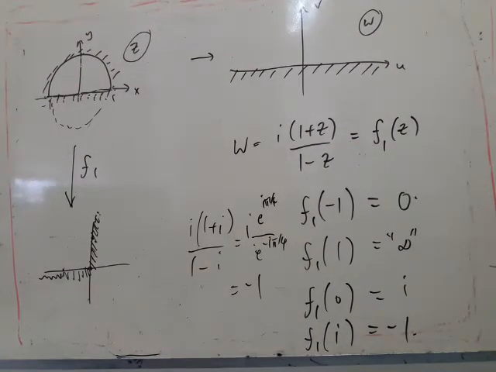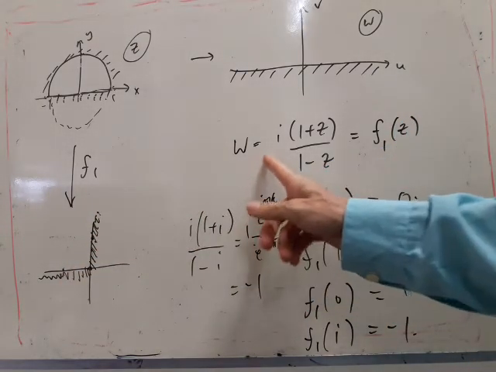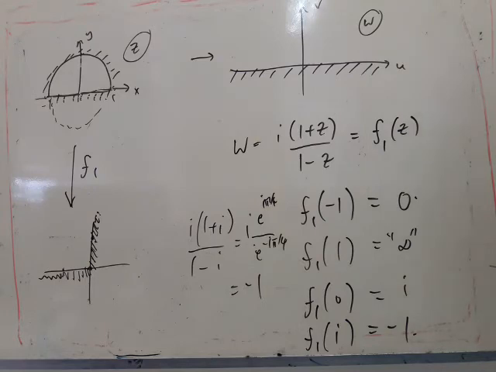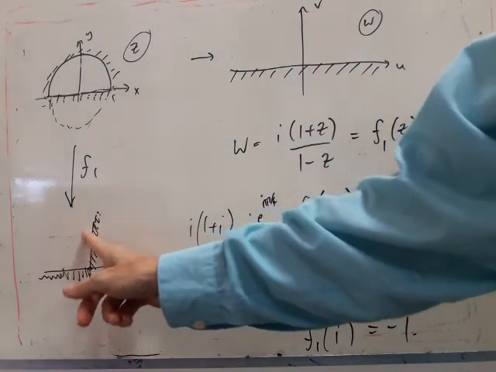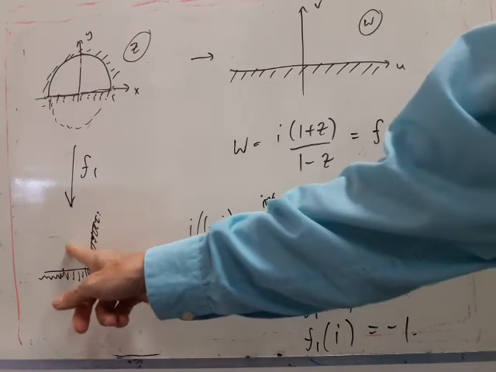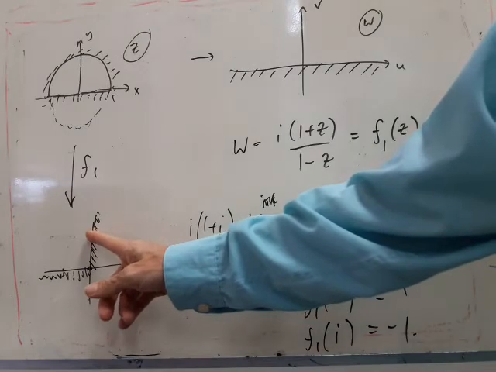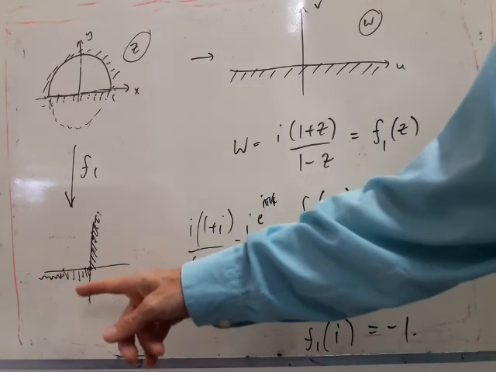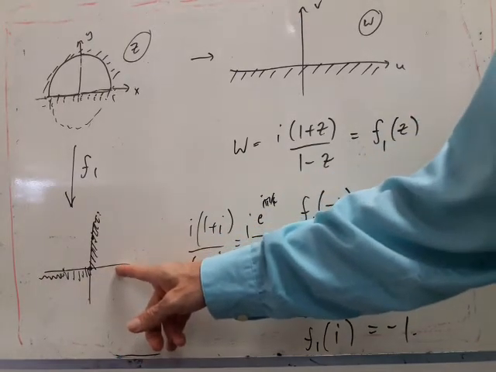So the trick I'm going to now use is just to square this map. So what happens if I square this map? Any argument here which is between pi by 2 and pi, well, pi by 2, when I square it, will turn into argument pi, and pi, when I square it, will turn into 2 pi.